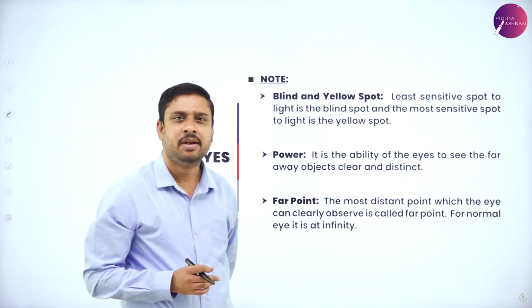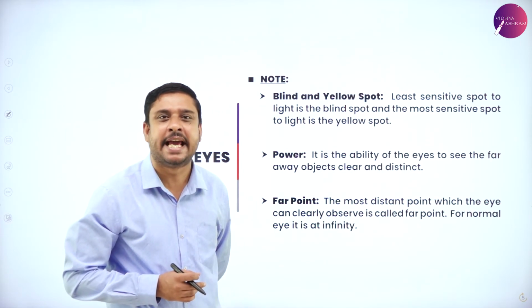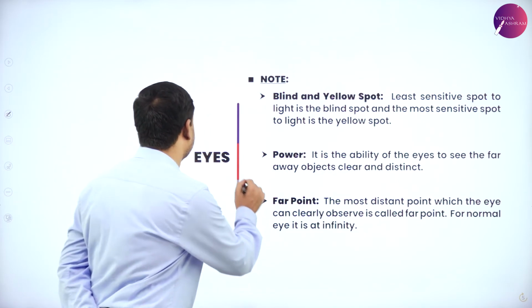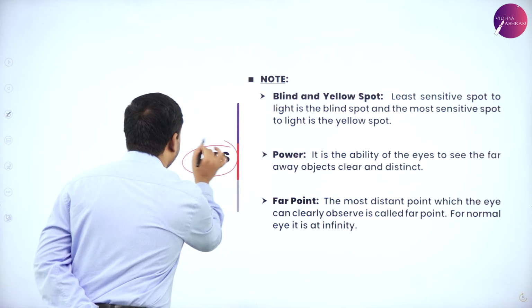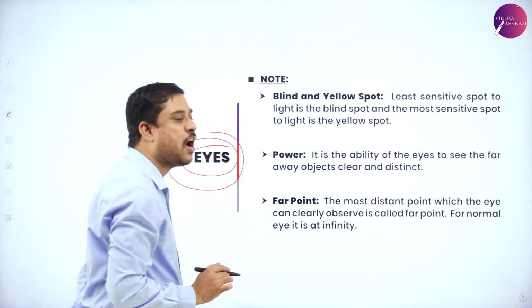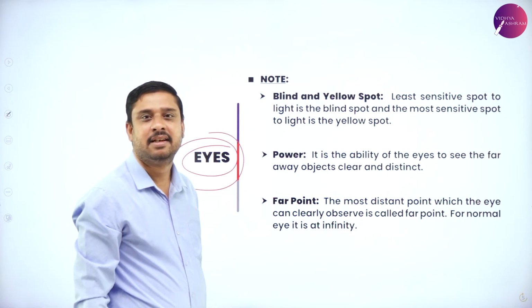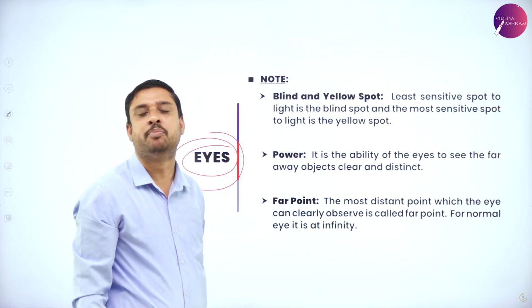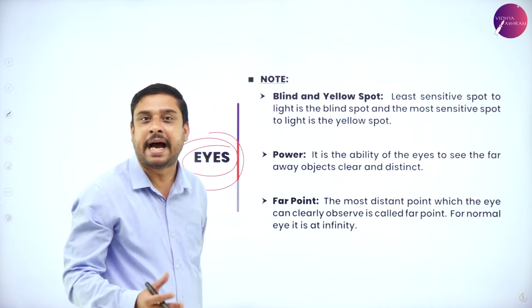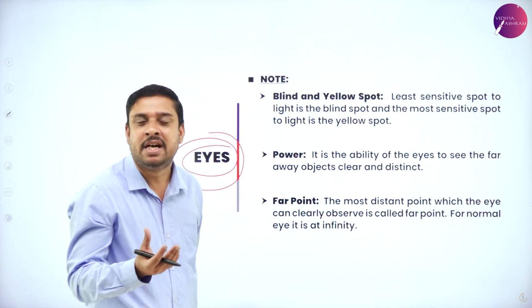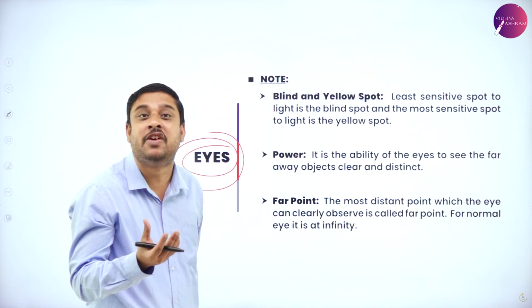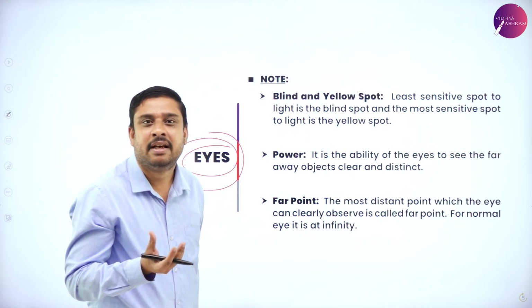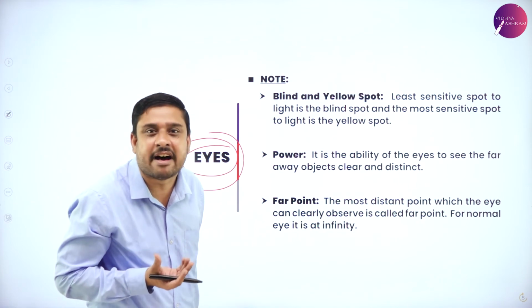Now, we will understand one of the natural optical instruments, beautiful, what we call as eyes, the most sensitive part of the human body. Without eyes, we could not have the sensation of vision caused by light. Eyes, we could not feel ourselves.